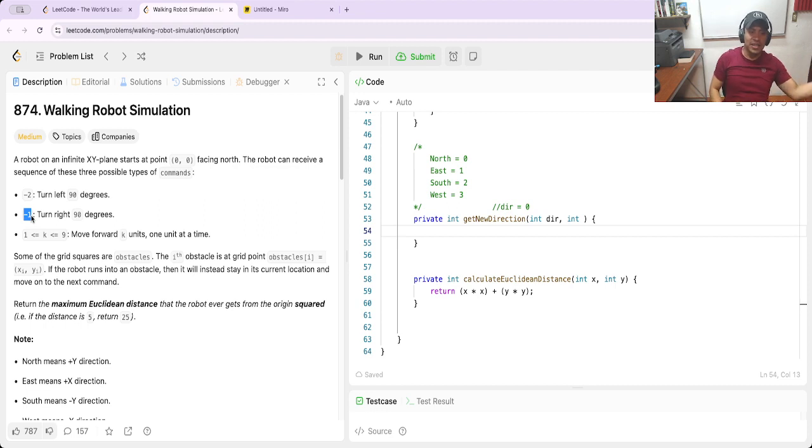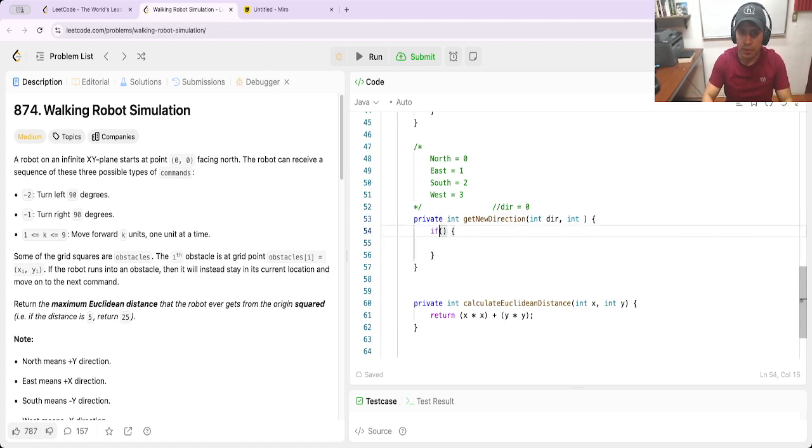In other case, change the direction to the west. If you are looking to the east and you have less 1, update to south, that is 2.